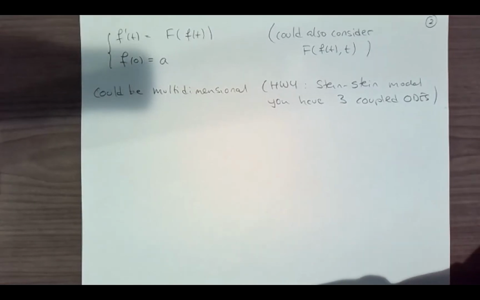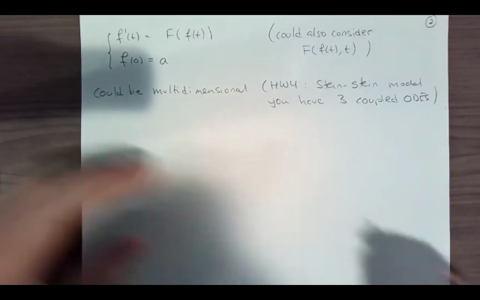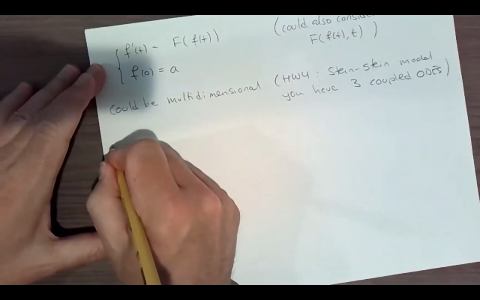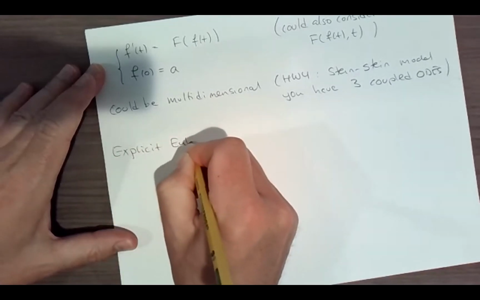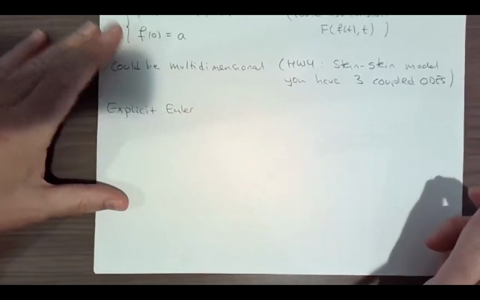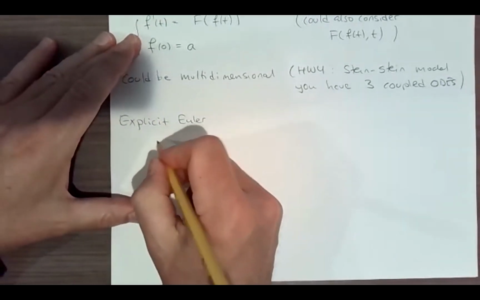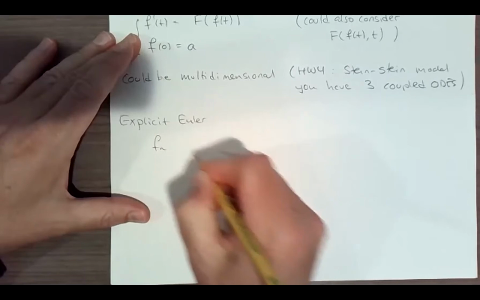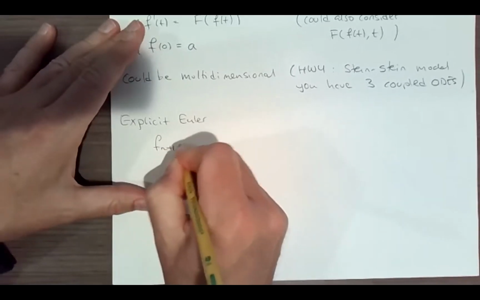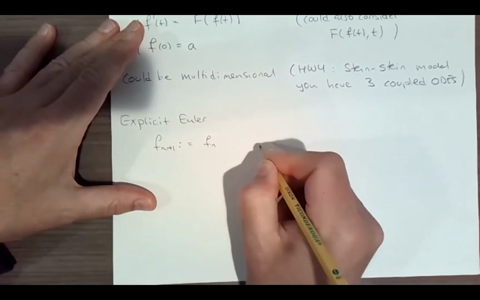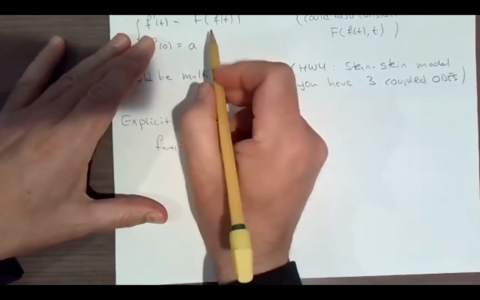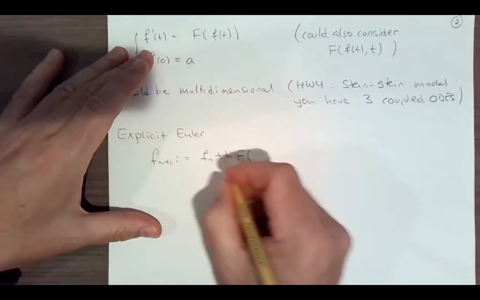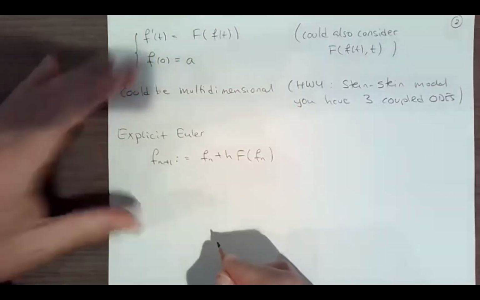We looked at the explicit Euler. So here you would have Fn plus 1 equals Fn plus h times f, that function up here, evaluated at Fn.